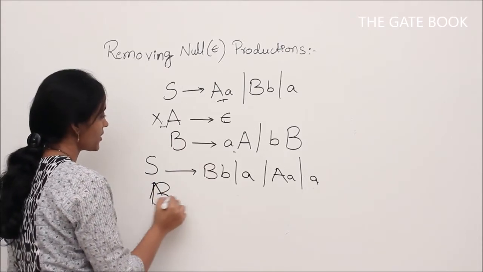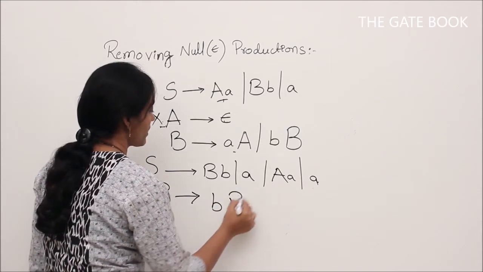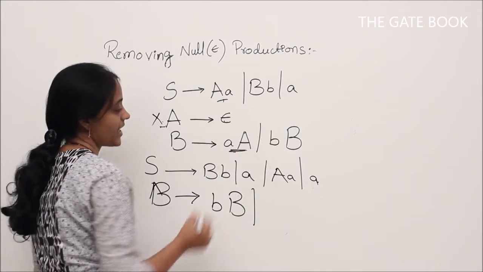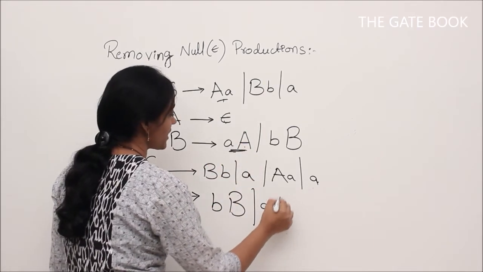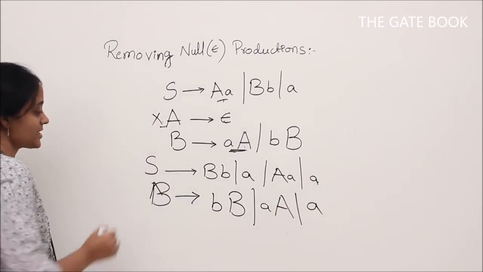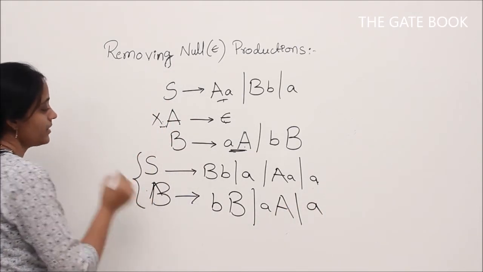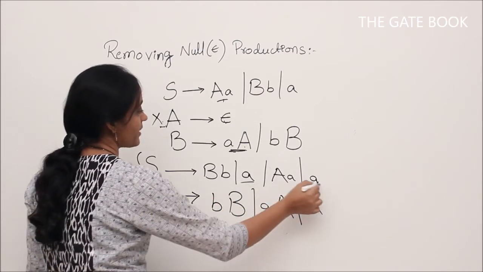Now there will be production rules for B. B derives BB or, now I have AA, but A has epsilon production, so to remove that I should add AA or A. So if we see now we have only two variables and these are all the productions, but there are duplicates.